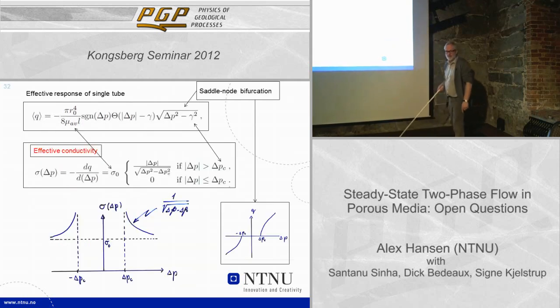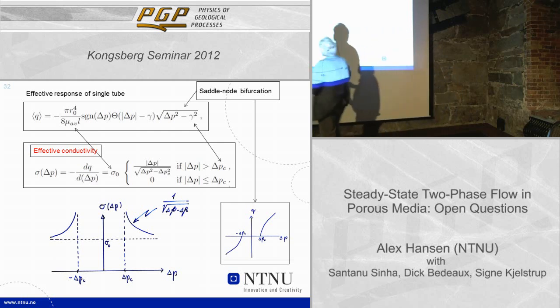Well, you can then get the average behavior of this bubble. And it turns out that the average flow rate in this system goes like the square root of the pressure drop of the system squared minus a threshold pressure squared, and then just some functions to make sure that it doesn't flow if you're below a threshold and it flows if you're above a threshold.